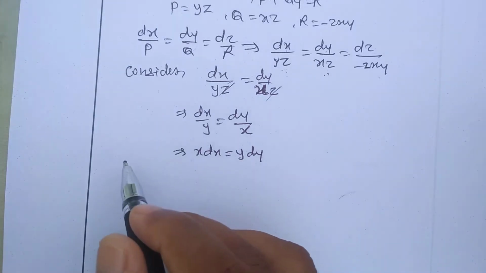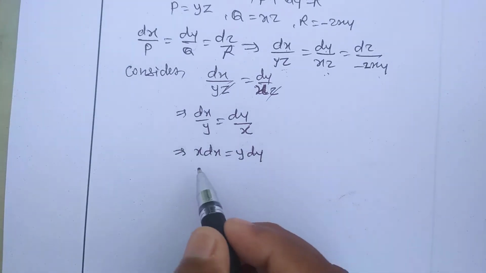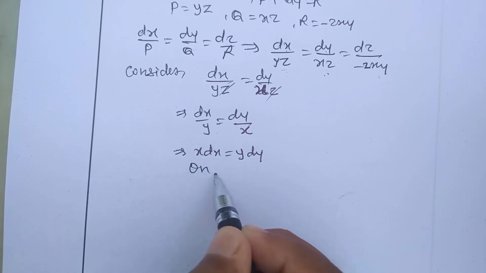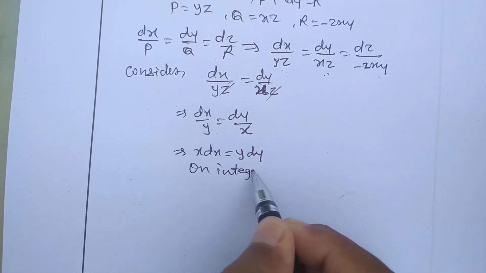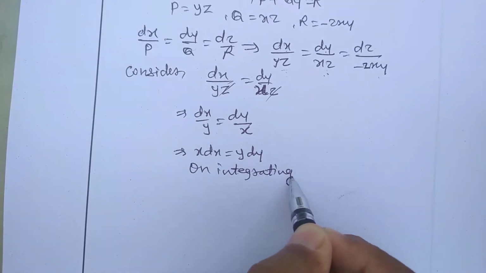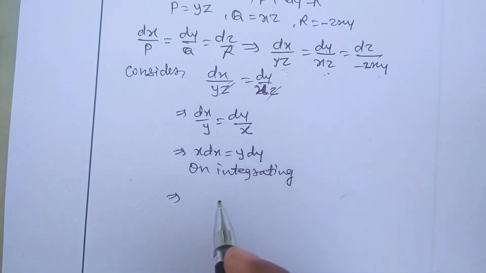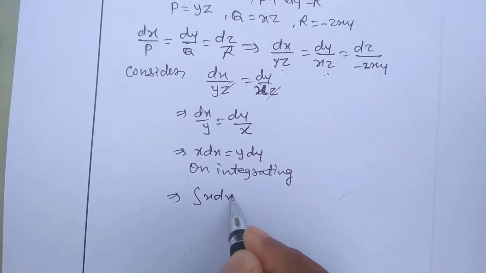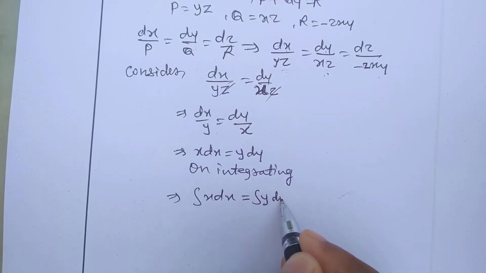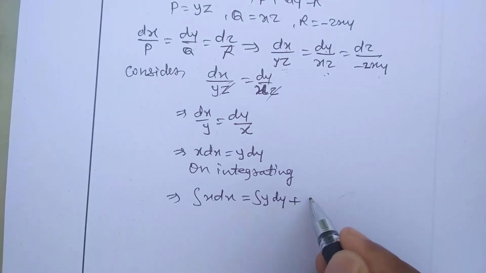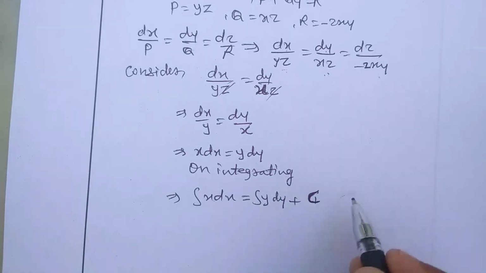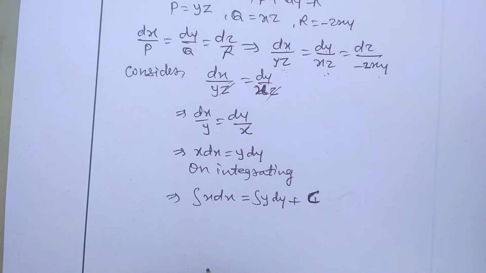That means terms of x are separate and terms of y are separate. So on integrating, we will get integration of x dx equals integration of y dy plus some integrating constant, say c.